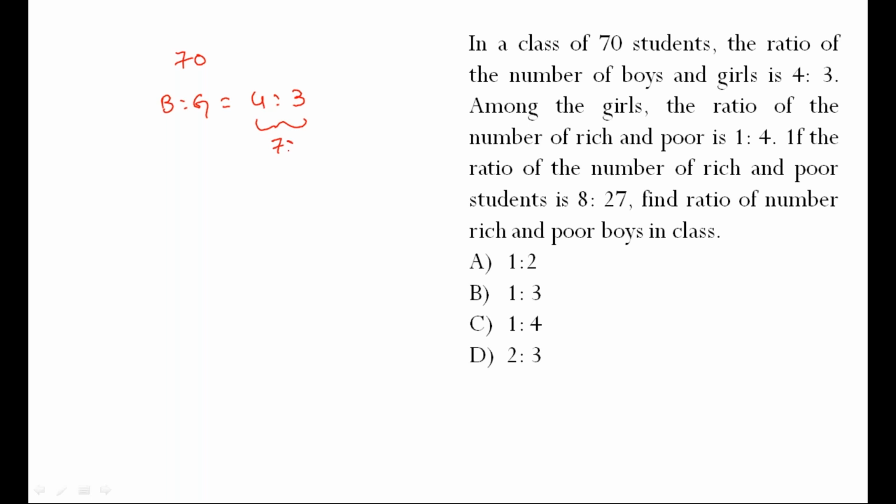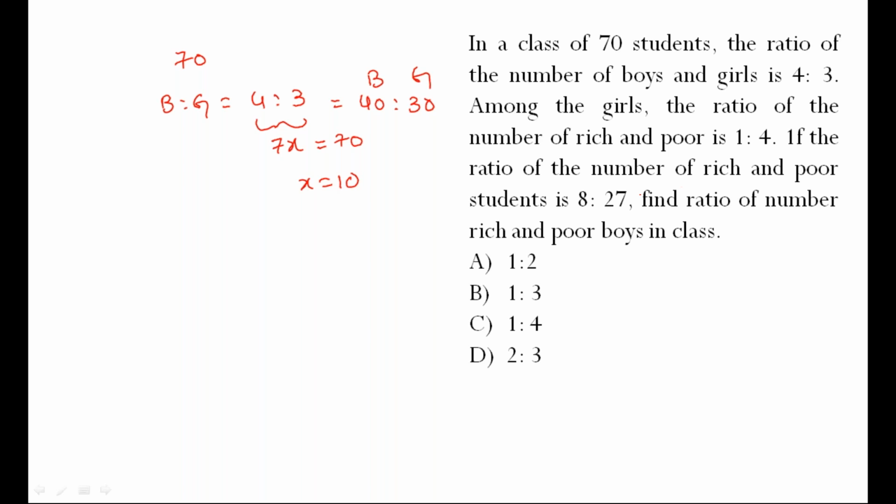Totally this is 7x. 4x and 3x, 7x equals 70, x is 10. I can say that 40 and 30. Boys are 40, girls are 30. This is clear.